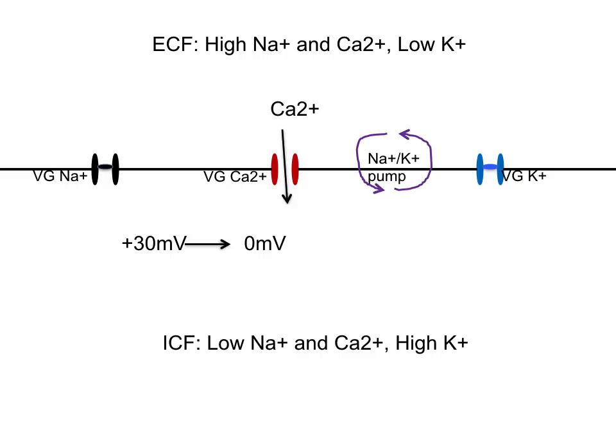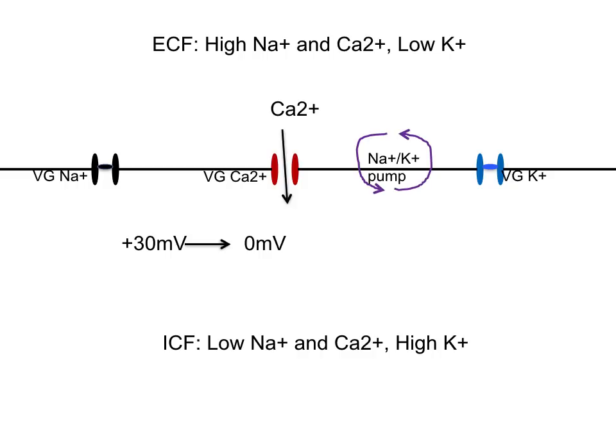So remember, you've got this little sodium-potassium pump, and its job is to move potassium into the cell and sodium out of the cell. And you learned in A&P 1 that this little pump is really important after you have created an action potential, because it's going to take the sodium that moved into the cell and start moving the sodium back out, and it helps you to regain your resting membrane potential.